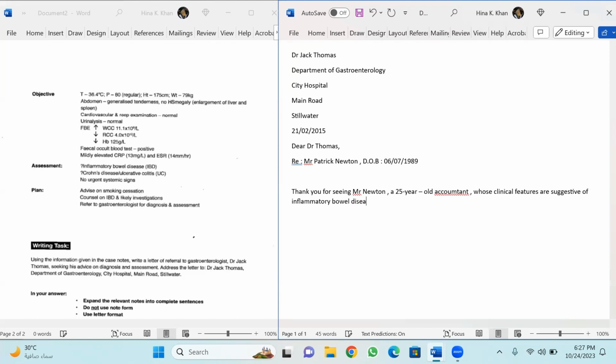Okay, here many people, what I see is they write IBD. Do not write short forms. And there is also no need to write in capital. Okay, so avoid this mistake. Whenever you know the full form of any abbreviation, just write the full form. Avoid writing this. Inflammatory bowel disease, either.